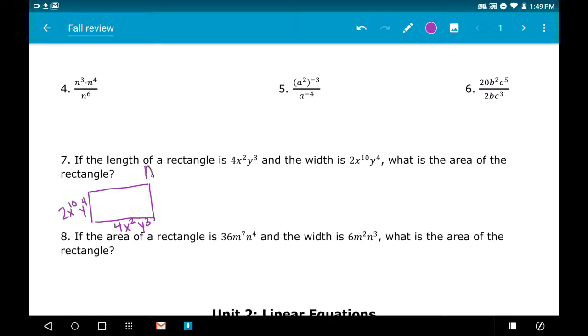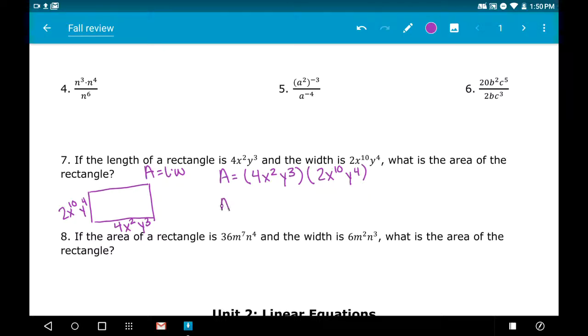And we know that we want the area, which is length times width. So we just plug in these two values into our formula. So I get area equals, my length was 4x squared y to the third, and my width was 2x to the 10th y to the fourth.